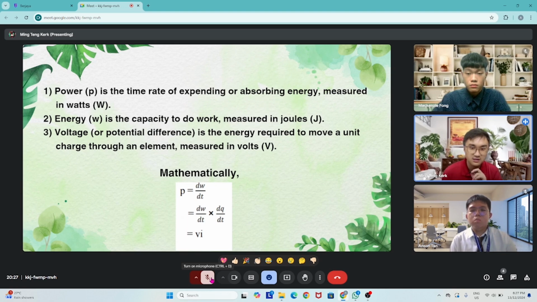So the formula is P equals V times I. So I will pass to my friend Dan.